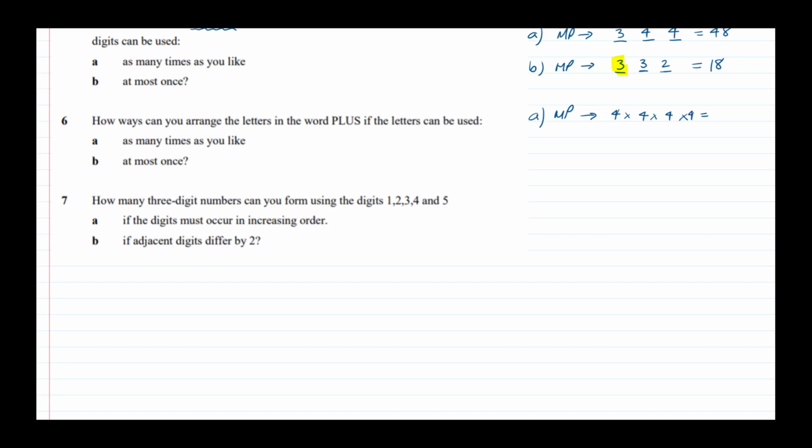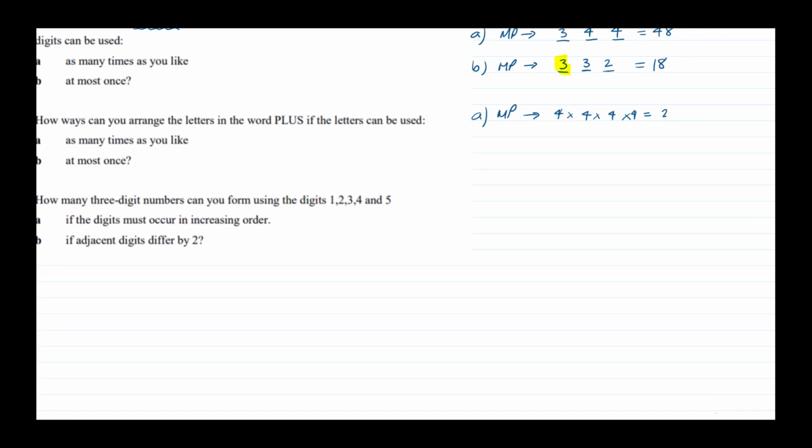Now, it's a bit of an unusual question in that it doesn't say what length word we're creating. And when you can use the letters as many times as you like, of course, it could be a 100-letter word or 1,000. So we need to come up with a little bit of an assumption based on the question here. And the assumption we're going to use is that we're dealing with a 4-letter word. And that gives us 4 to the power of 4, which is 256.